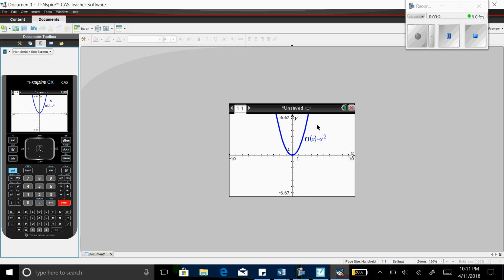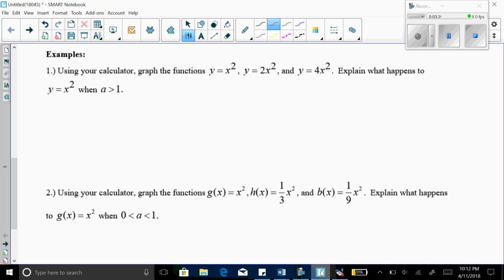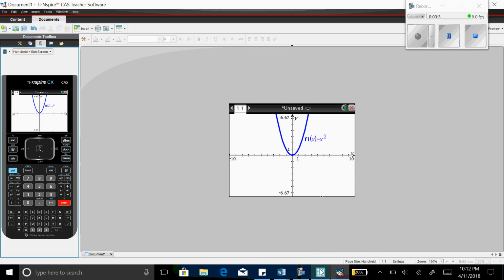So here's the function y equals x squared. That's our parent function. And now let's see what happens when we put in y equals 2x squared and y equals 4x squared. To get a new graph, you hit tab, and we're going to type in 2x squared.